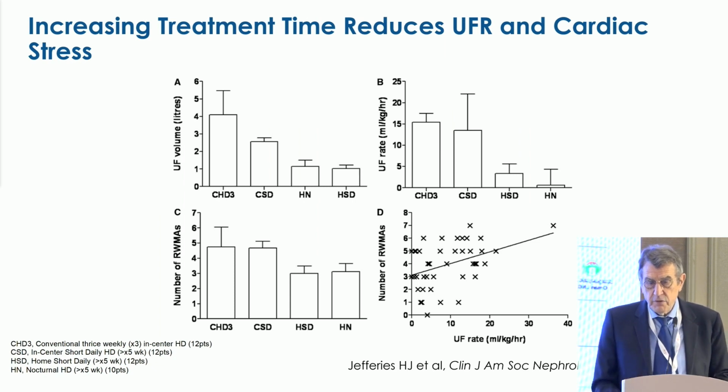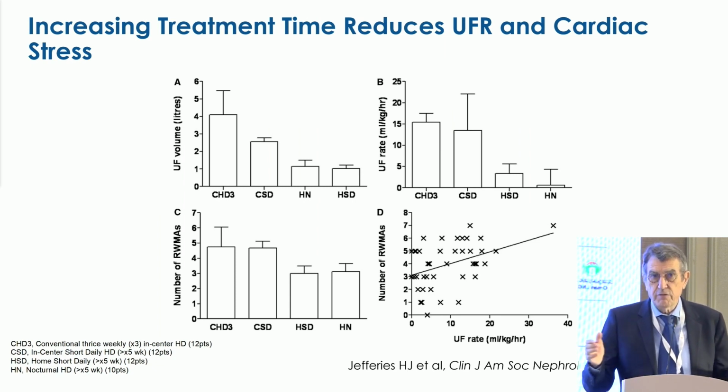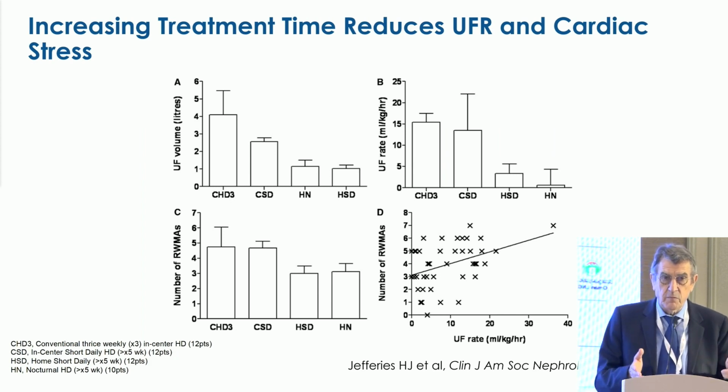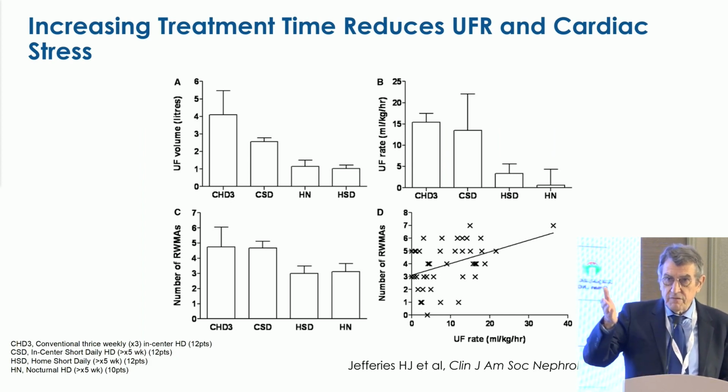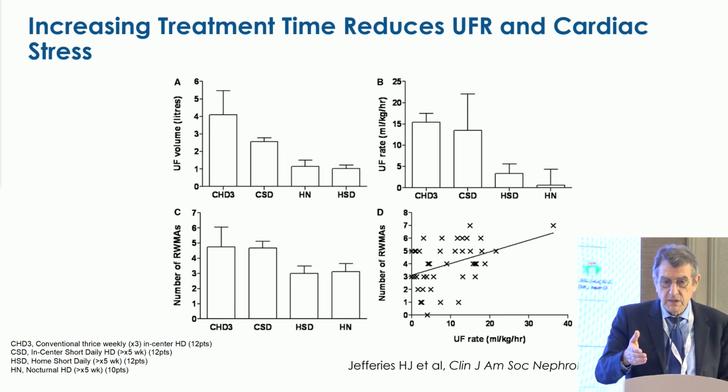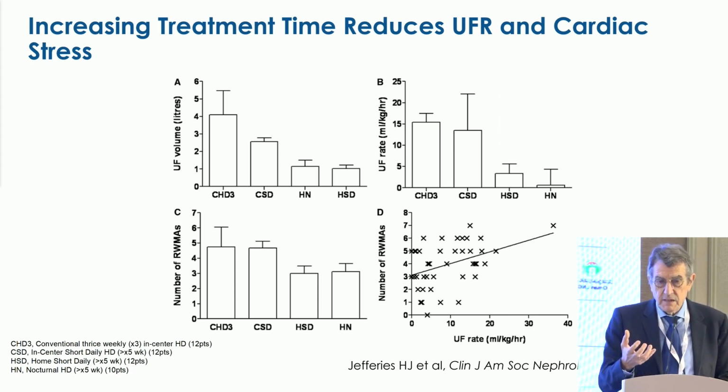Just to show, if you increase the treatment time or the frequency, moving from short to a little bit longer or more frequent, you can reduce the ultrafiltration volume, but more interestingly, you reduce the ultrafiltration rate, and then you reduce the cardiac stunning, reducing the number of segments which are affected within the heart.